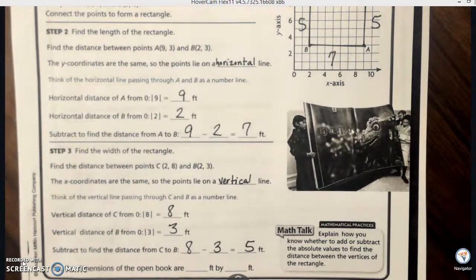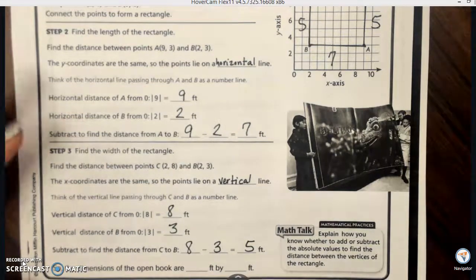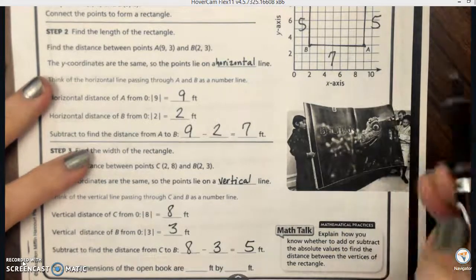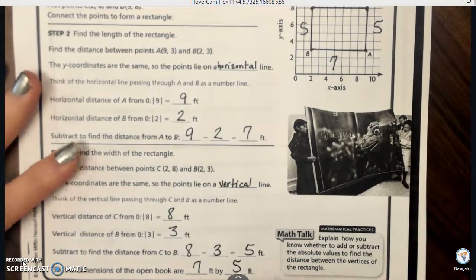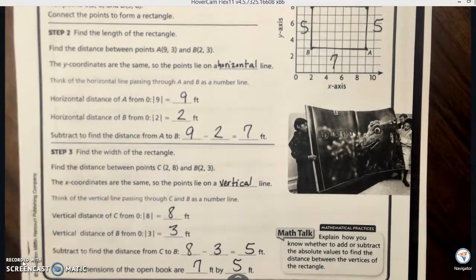Alright, so when we talk about dimensions, you just take like the length and the width. So for the dimensions of this, we'd start with the length, so that would be 7 feet times the width, which is 5 feet. So we'd say this is a 7 by 5 foot rectangle.